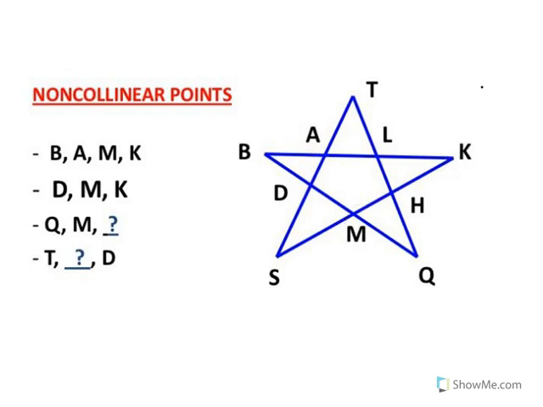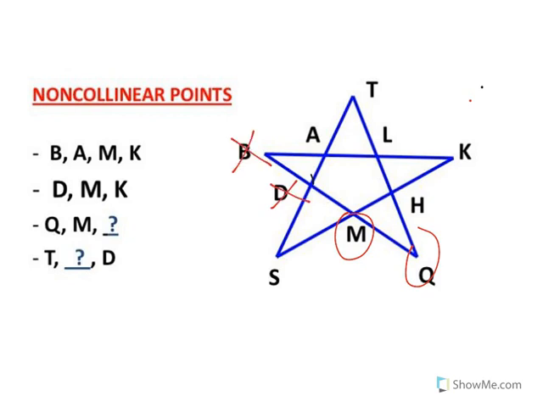And D, M, and K, they are not on the same line, so they are non-collinear. Okay, and Q, M, and we just need another point that is not on the same line. So it could be any point except D and B.